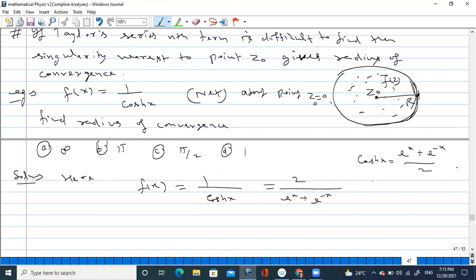The series I will get definitely, but to get the series is also a difficult task. You will find terms like x2, x7, x13, like this. So from these terms I will not get x to the power n. That is difficult. So that's why I will apply the method of finding the nearest singularity. For that, to get the singularity, I can simplify it. Just multiply it with e to the power x.